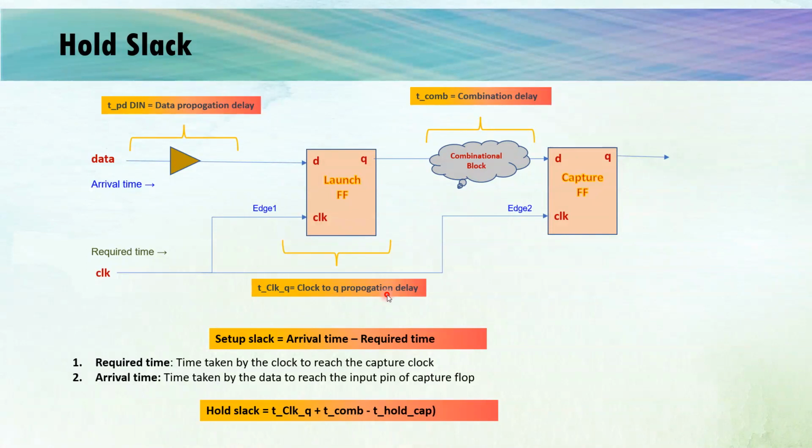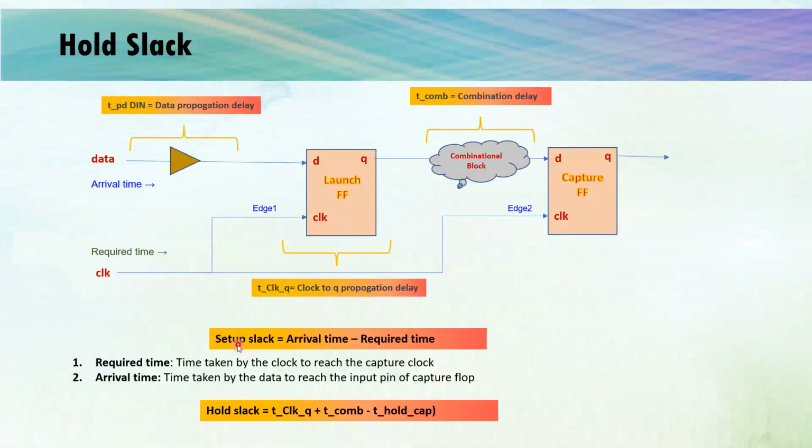Hold time is the minimum amount of time that the data must remain stable or valid after a clock edge, so that the flop can reliably capture the data at the output or at the D end.